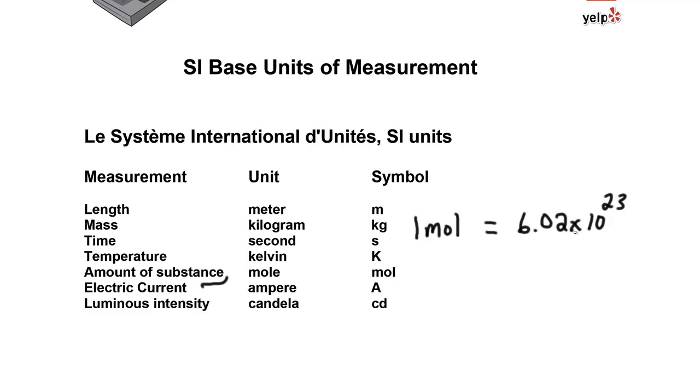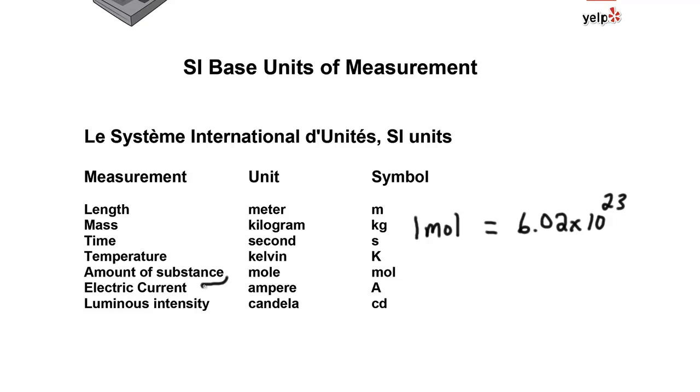You can either have $1 or you could have 1 mole of dollars. Can you imagine 1 mole of dollars? I can't even count it. I couldn't even imagine what that would be like. So 1 mole is a huge number. 1 mole of anything, there are 6.02 times 10 to the 23rd of that substance. So it's just a counting mechanism. So that one shouldn't be too bad either.